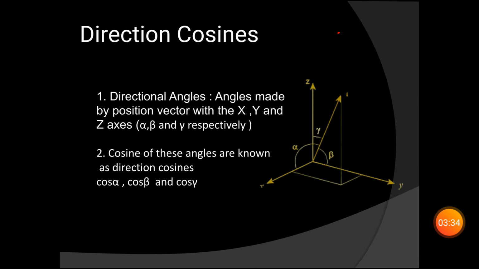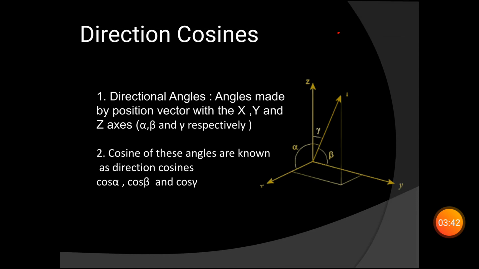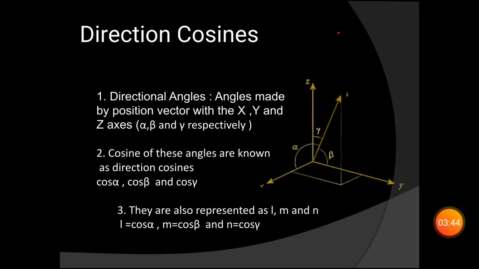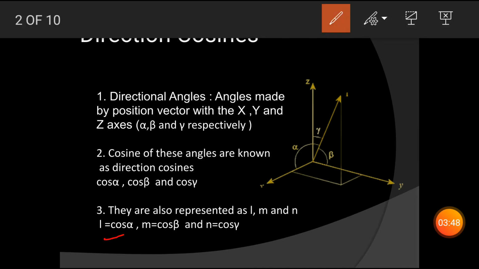One more thing is there: for our convenience only, sometimes we represent cos alpha, cos beta and cos gamma with l, m and n. So, l here is cos alpha, m is cos beta and n is cos gamma. So, the basic representation of cos alpha, cos beta, cos gamma is through l, m, n, and cos alpha, cos beta and cos gamma are known as direction cosines.